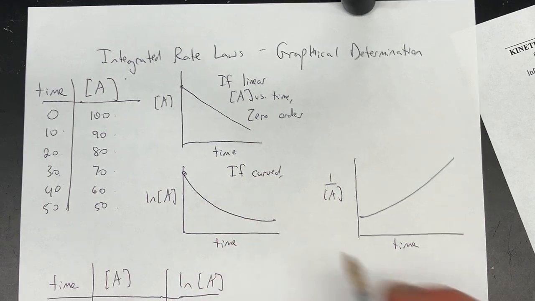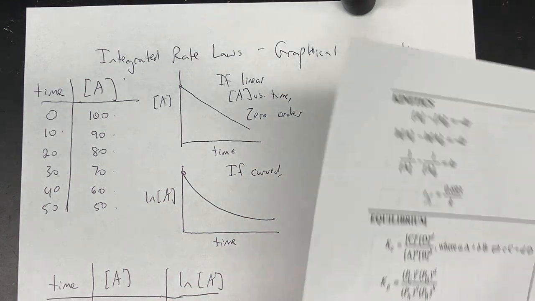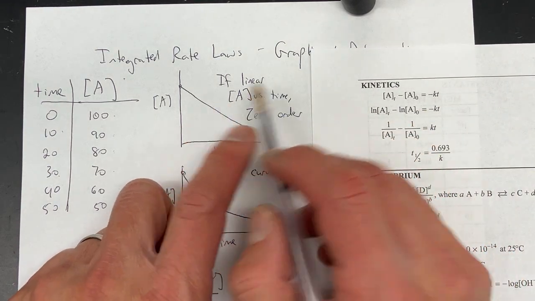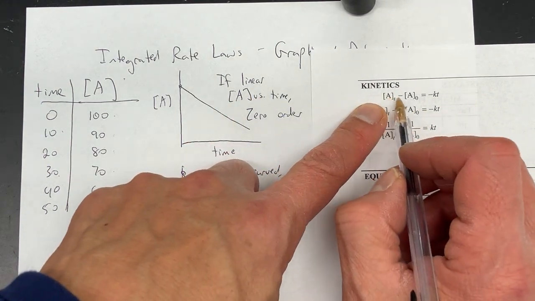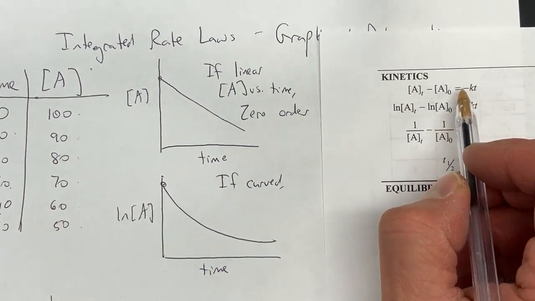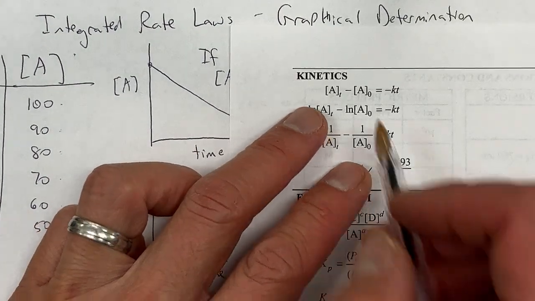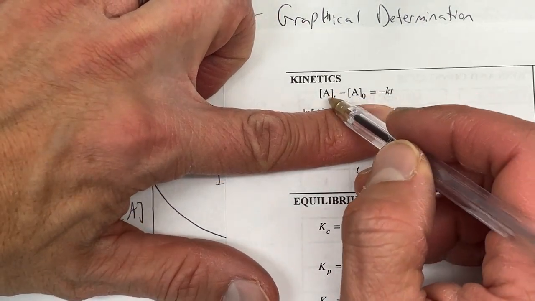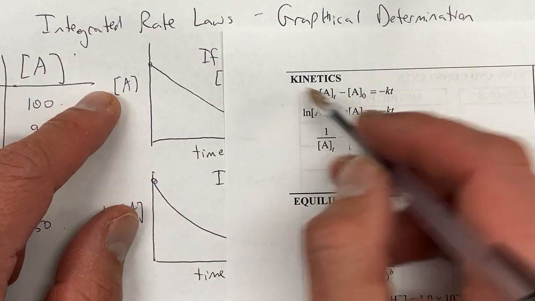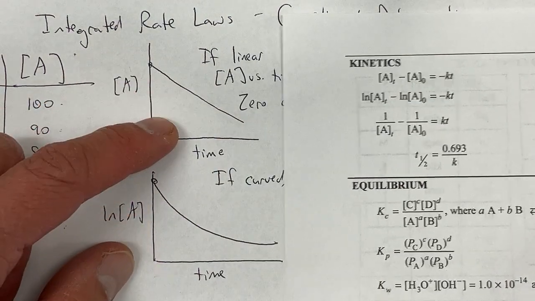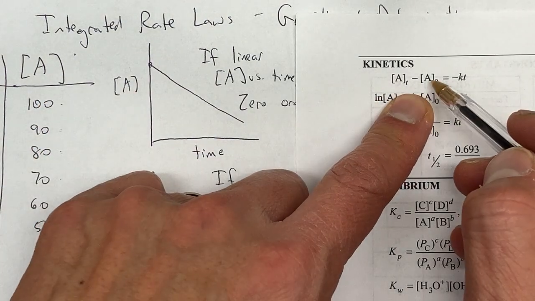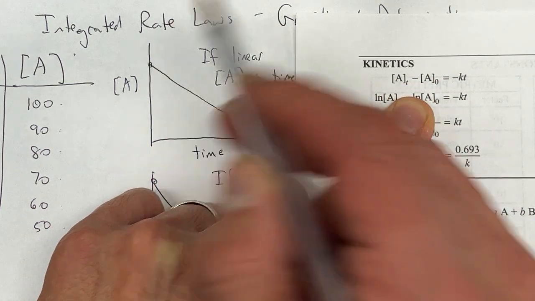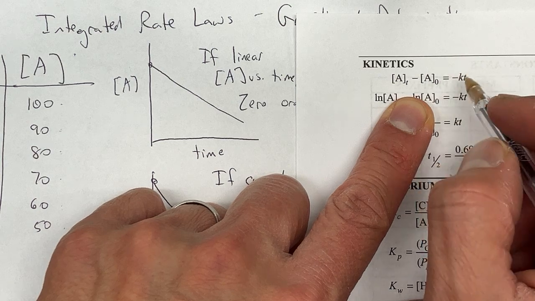And the reason why is this. If you look at the equation sheet, I'll tell you why this is going to be linear. This is the integrated rate law for a zero order reaction. And the way this sets up is A of t is like y, the y-axis. A naught is the intercept, because that's the starting time. And t is x.